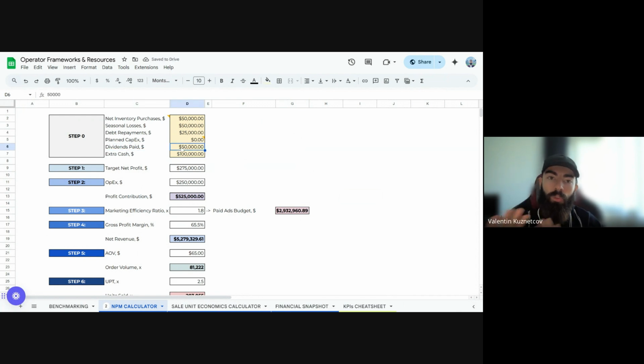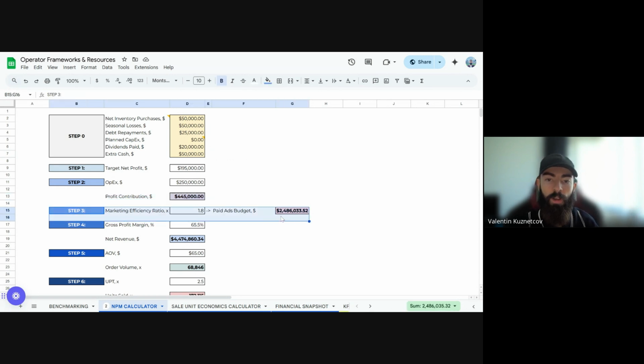Maybe go lower on the dividends side. Pay yourself 20,000, still a respectable amount, but just not as crazy, right? And extra cash. Maybe we don't need $100,000 in the bank account, right? So maybe we just need another $50,000 because we have control over our operations. So now you can see how the profit contribution target has shifted down without doing any work on the marketing side, right?